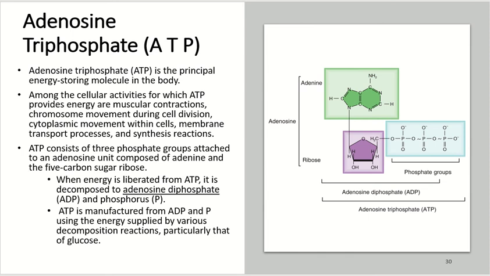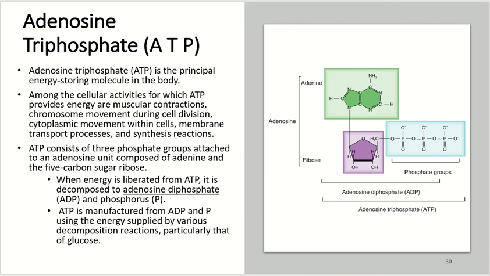ATP is going to consist of 3 phosphate groups attached to the adenosine unit. That would be our adenosine triphosphate, our 3 phosphates, triphosphate, plus the adenosine.